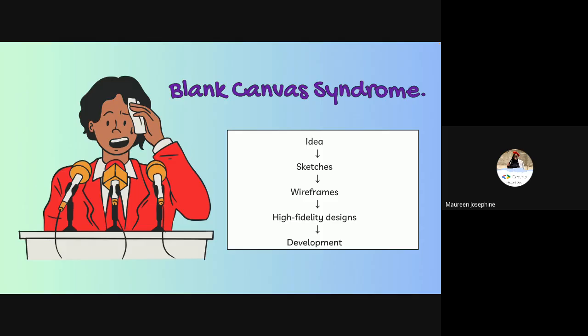But thank God, now we have some tools for this, because sometimes you have an idea, you sketch it, and you don't know, okay, so where do you go from here? In the normal world, before AI became more commonly used, especially by us end consumers, we would have an idea, and in a cross-functional team the UI designers would sketch the idea, create the wireframes, and create high fidelity designs before handing over to developers.